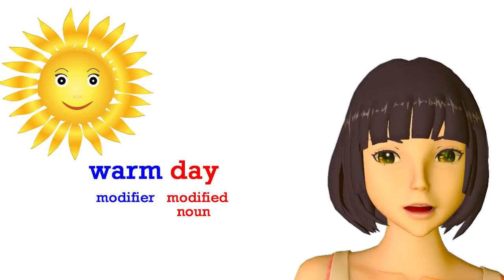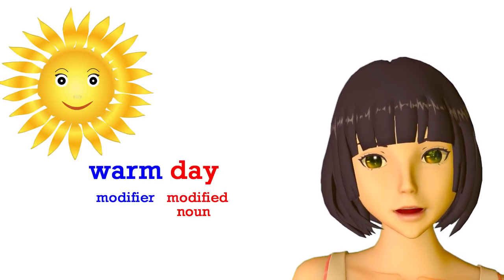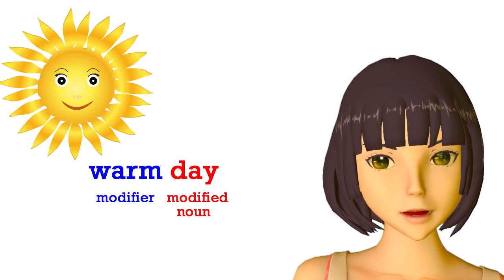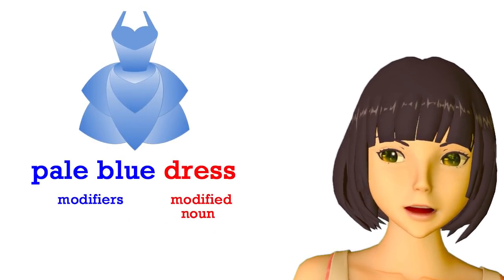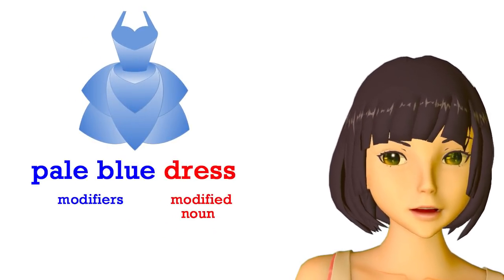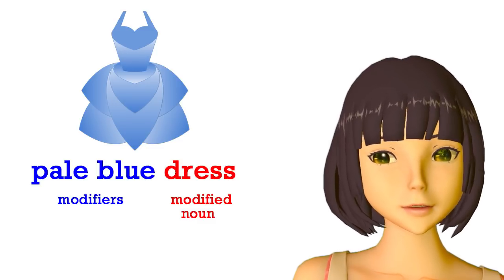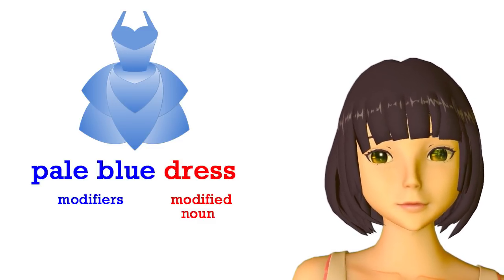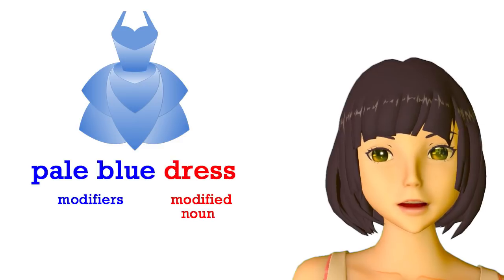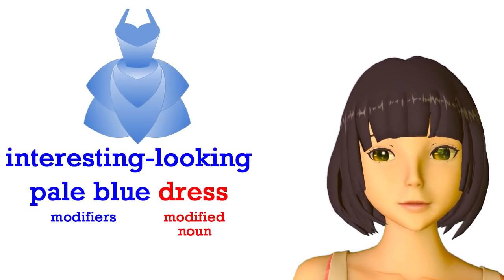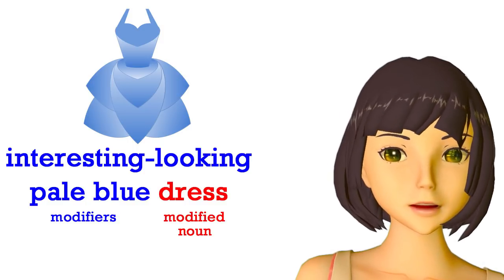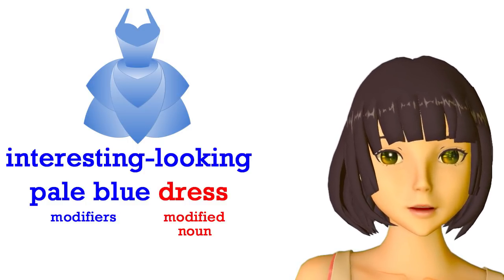We say a warm day, warm comes before the noun day. And it can become more complex. We might say a pale blue dress, a nice warm day. And the modifier still comes before the noun it's modifying. And it can get more complicated still. We might say an interesting looking pale blue dress, and all of it still comes before the noun dress, doesn't it?